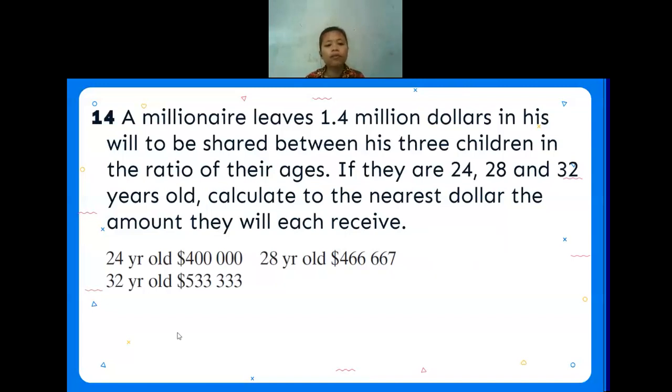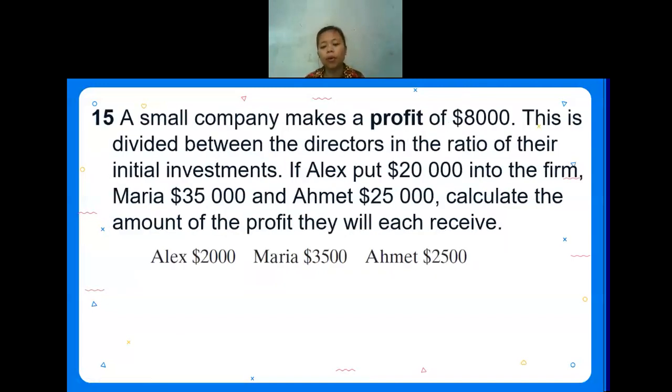For question 15, a small company makes a profit of $8,000. This is divided between the directors in the ratio of their initial investment. Alex puts in $20,000. Maria puts in $35,000. Ahmed puts in $25,000.